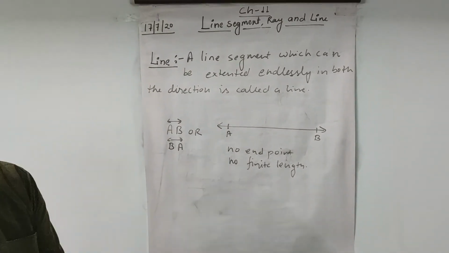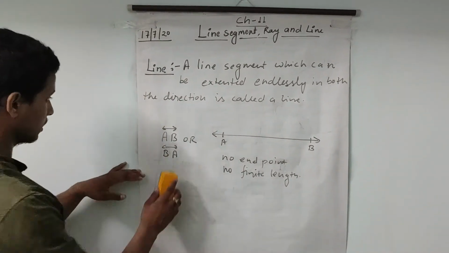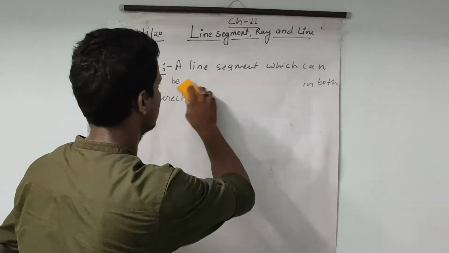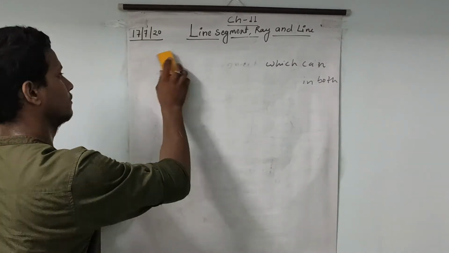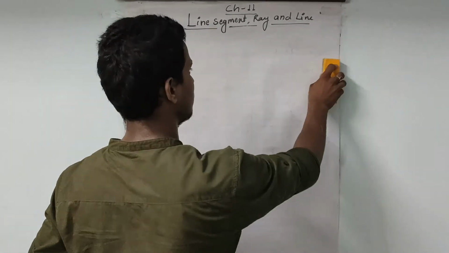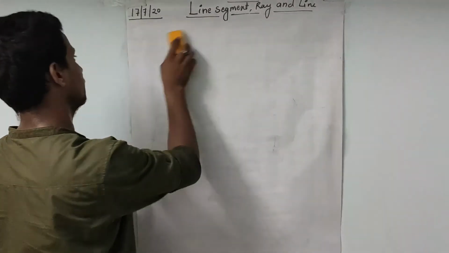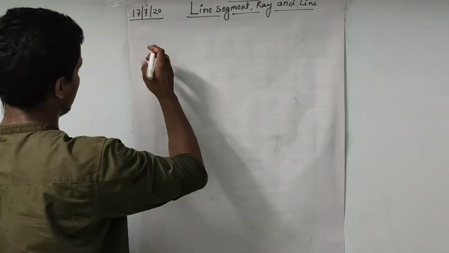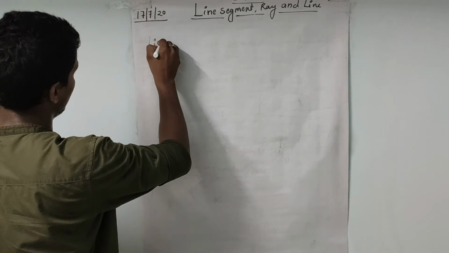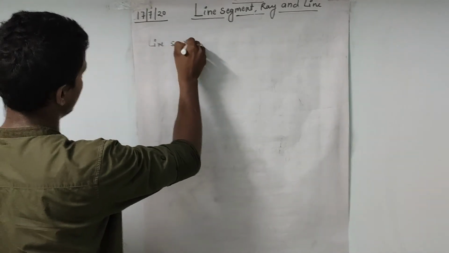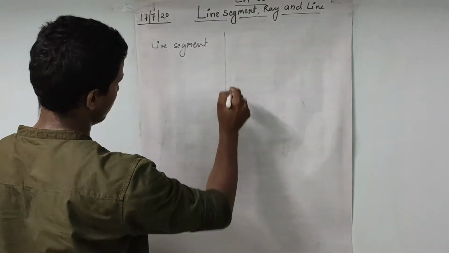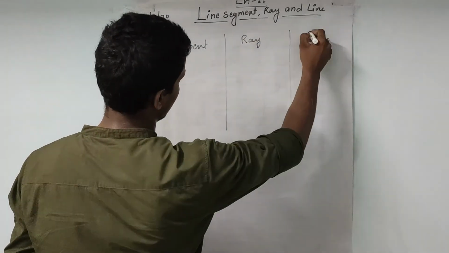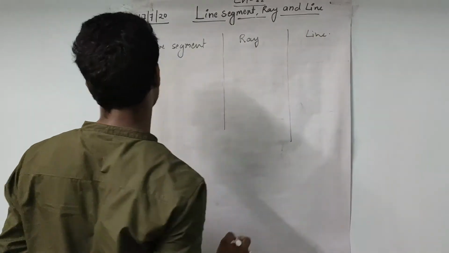Clear? Now the next thing is the distinction between these three. What are the differences between these three? I am writing here: line segment, ray, and line.